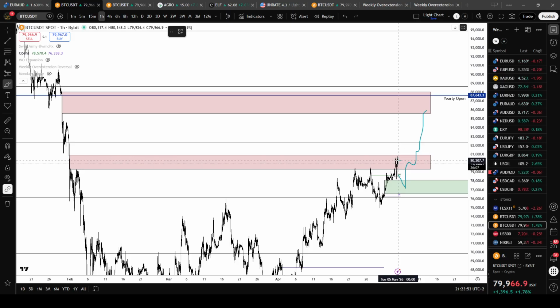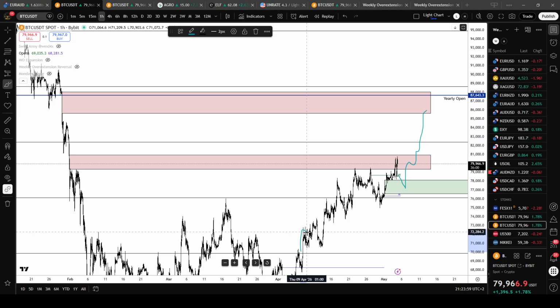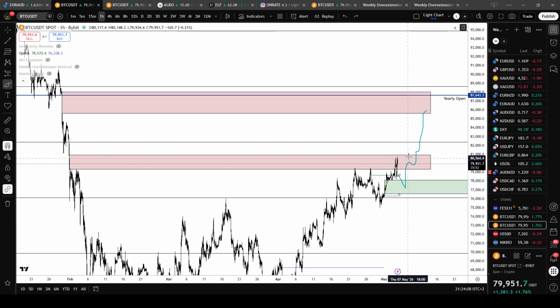I think that if price moves towards the yearly open, it's not gonna be a slow grind up like we've seen from April until now. It's more likely to be something explosive, inefficient.